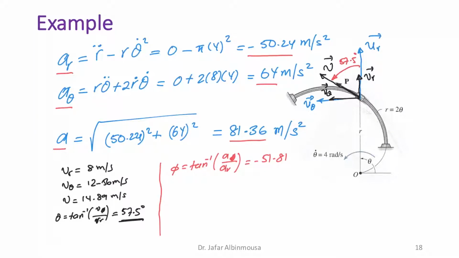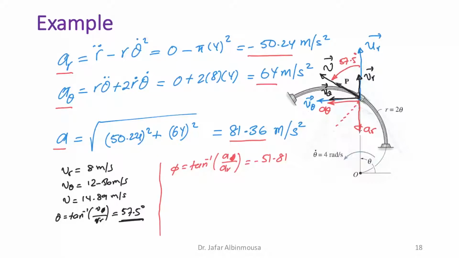What we have for the acceleration is that AR is negative. So AR is actually going downward over here. That's AR. And A theta is going in the positive direction, so this is A theta.